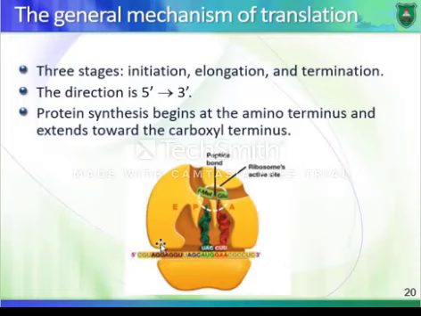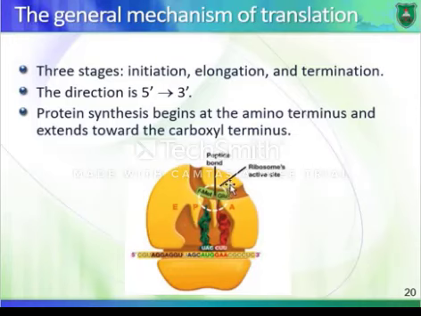So the ribosomes read the messenger RNA from 5' to 3', while protein synthesis begins at the amino terminus and extends to the carboxyl terminus. You remember that in the polypeptide sequence, or the protein, we have the amino terminus, which is the N terminus, and the carboxyl terminus, which is the C terminus.